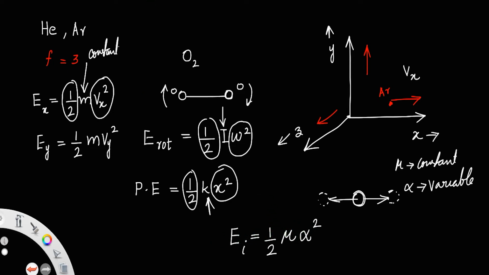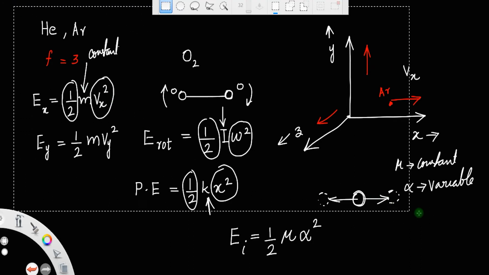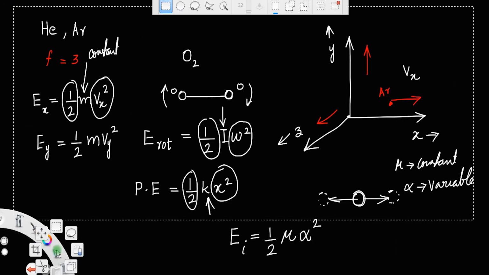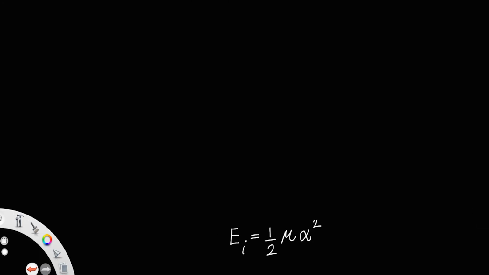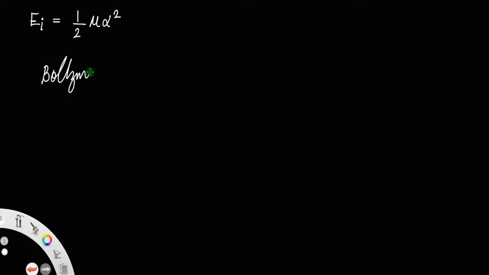Clear? Now let's erase this. Now we have to define the partition function in order to find the energy associated with each degree of freedom. So we have Ei, the energy associated, equal to half mu alpha square. Also, before that, we have to define the Boltzmann factor.